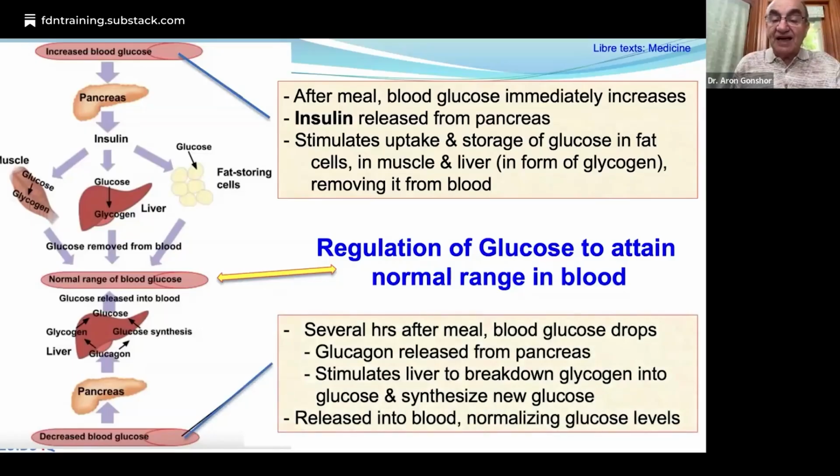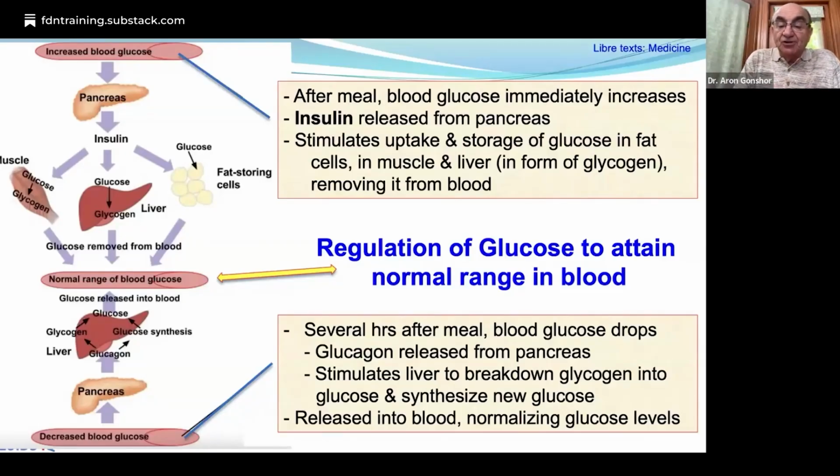Several hours after that meal, blood glucose drops. It has dropped. It's in the cells now. So what happens? Glucose levels in the blood are dropping. There is a sense of that dropping. And what happens? Glucagon then gets released from the pancreas and it stimulates the liver to break down glycogen, which is stored in the liver.